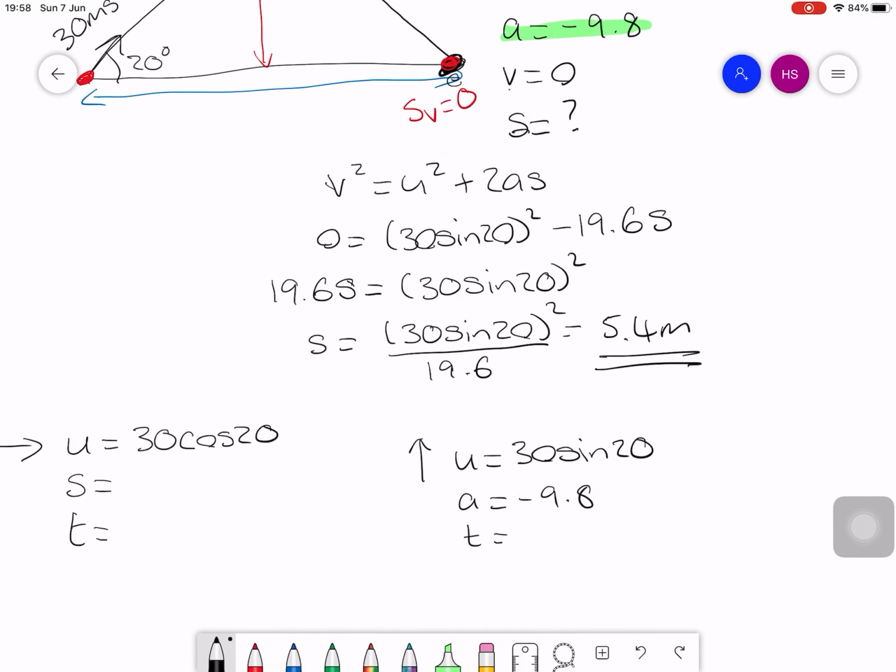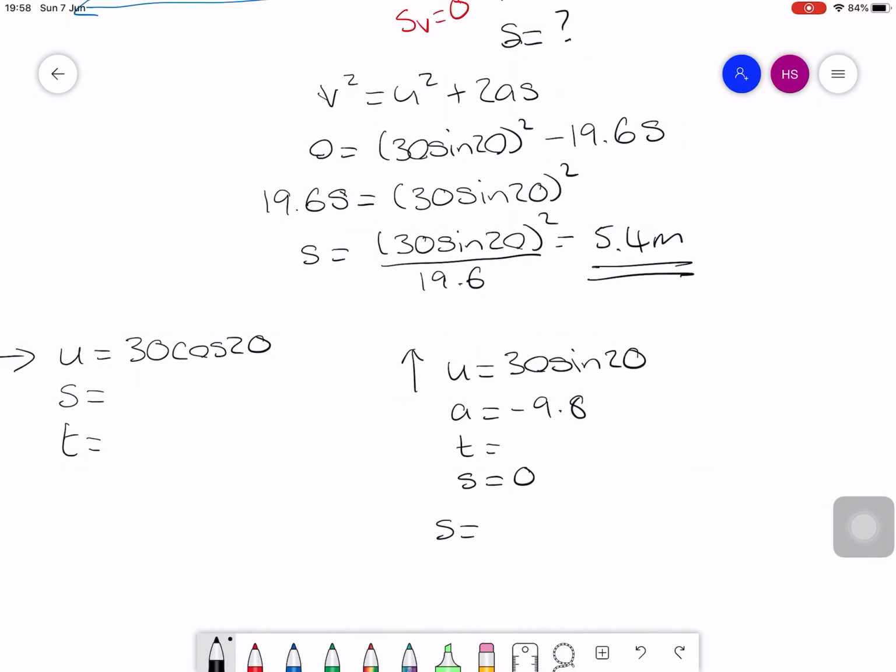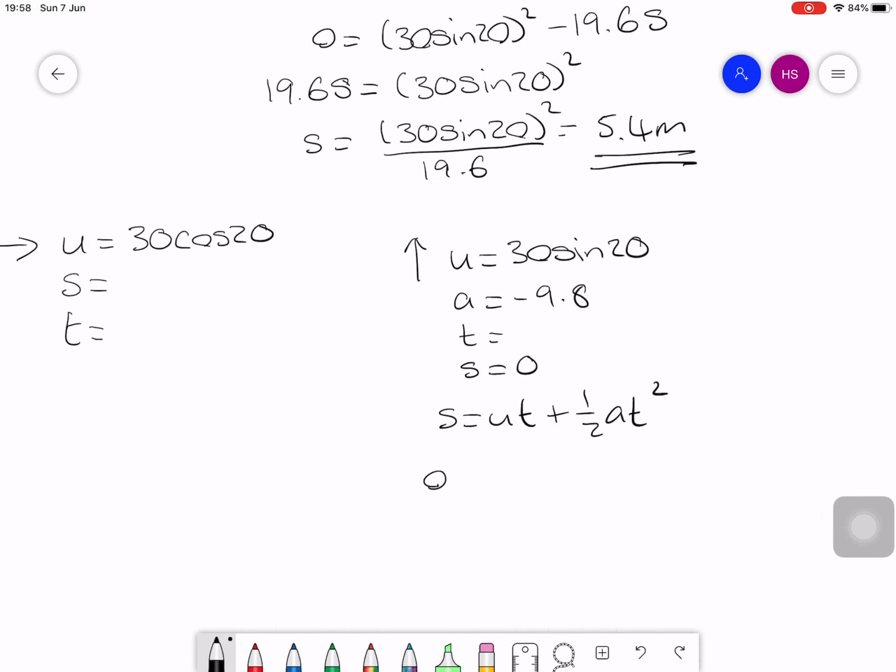So thinking vertically, s is 0, so I'm going to use s equals ut plus a half at squared. S is 0, and t is what I'm trying to find. So that's going to be 30 sine 20 times t, plus a half a, so minus 4.9 t squared. I could put that into a calculator, but I can also just take out a common factor of t.